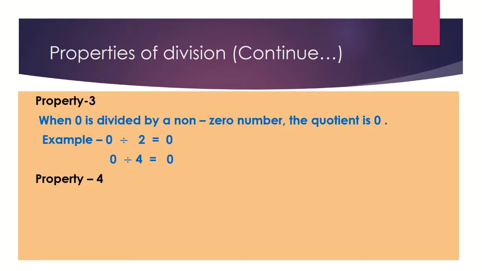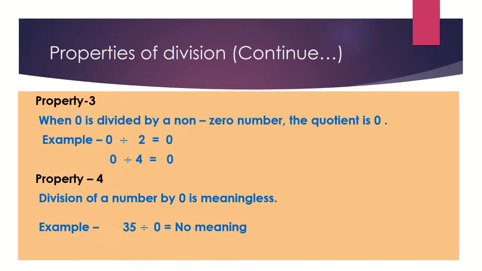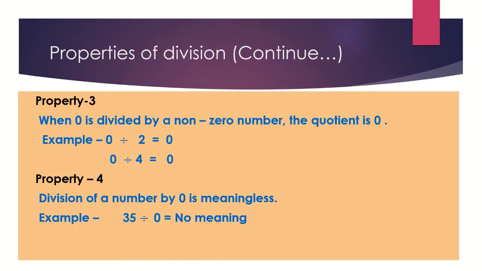And property 4. Division of a number by 0 is meaningless. For example, 35 divided by 0 has no meaning and 18 divided by 0 has no meaning.